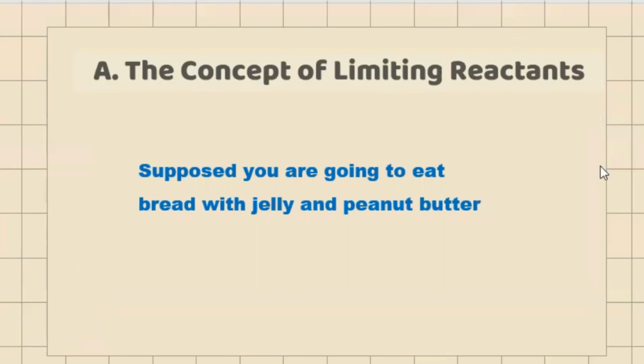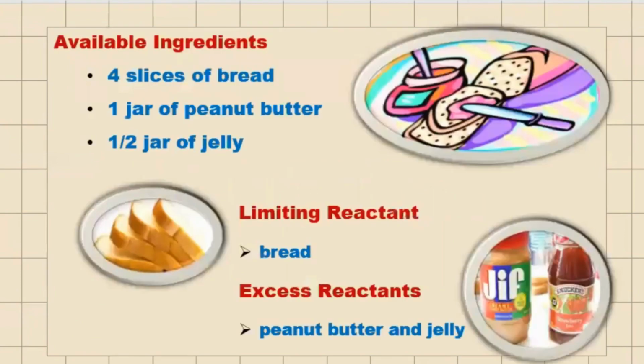Suppose you are going to eat bread with jelly and peanut butter. Here are the available ingredients. You have 4 slices of bread, 1 jar of peanut butter, and half a jar of jelly.